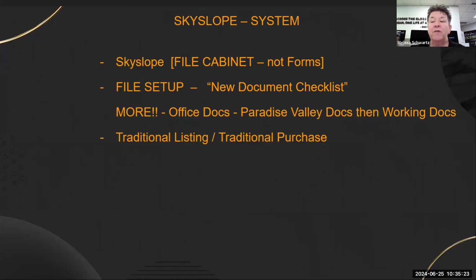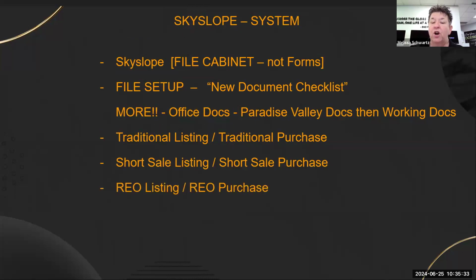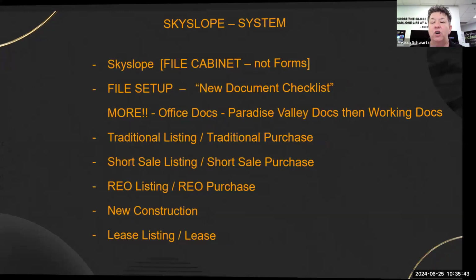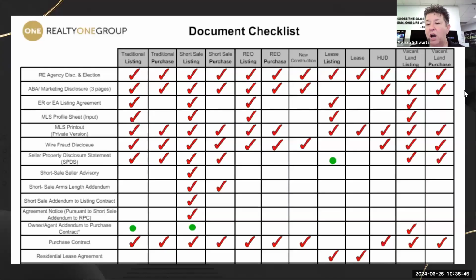So here are some of the categories on the new document checklist, right? Traditional listing, traditional purchase. Short sale listing, short sale purchase. REO listing, REO purchase. New construction, lease listing and lease. And then the final one is commercial. So this is what I'm talking about.